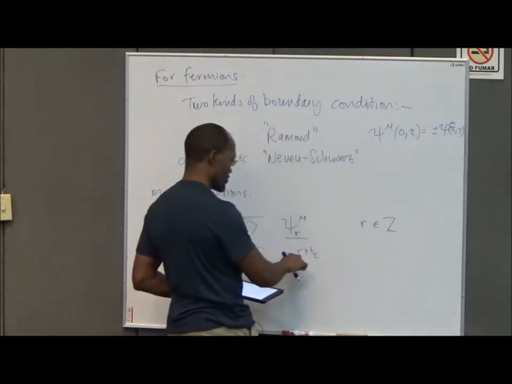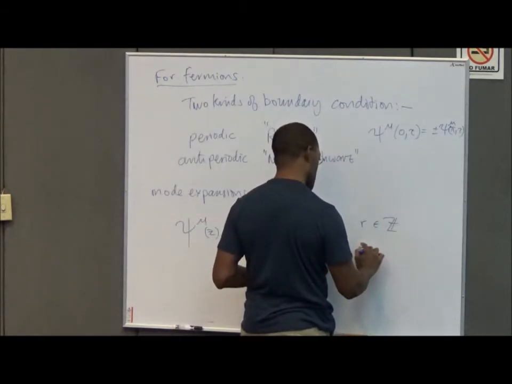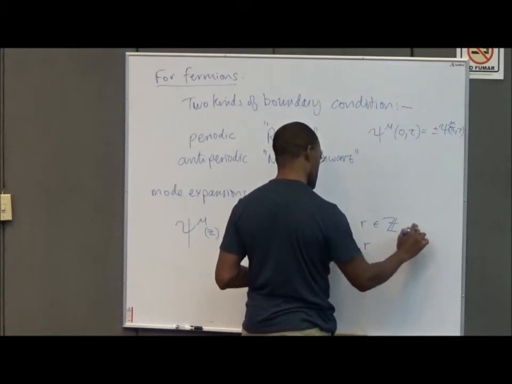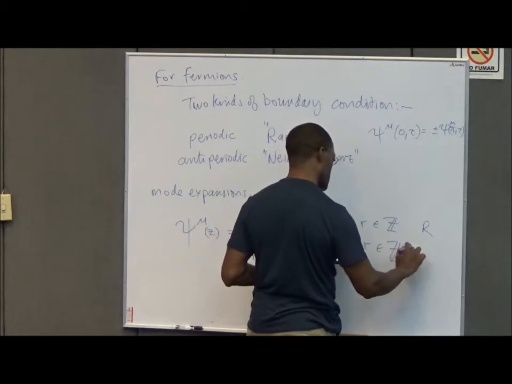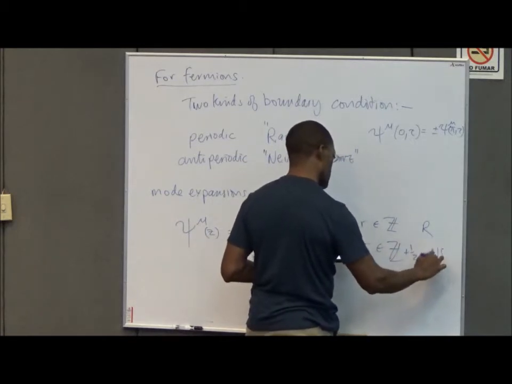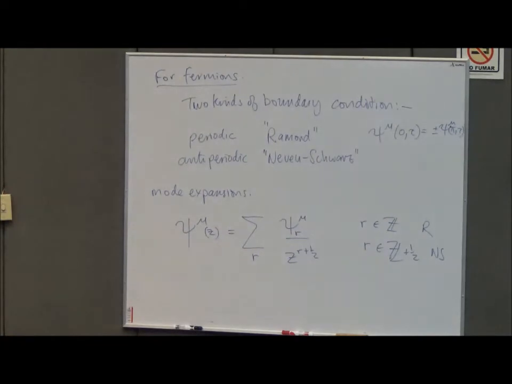So this r is either an integer or half integer, depending on whether it's Ramond or Neveu-Schwarz. Again, I imagine you've seen that because you were doing supersymmetric strings, and you probably talked about Ramond and Neveu-Schwarz vectors a lot. We're going to need that as well.